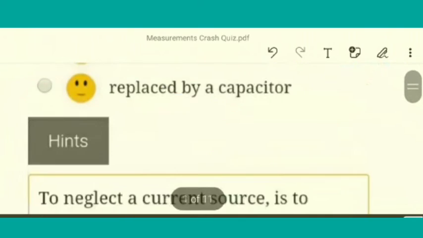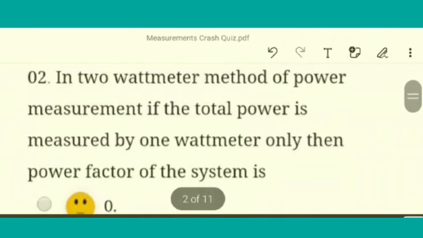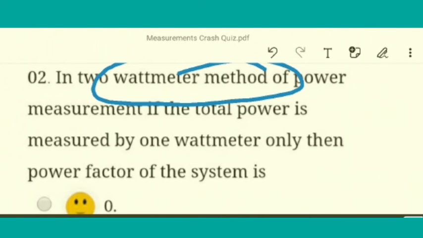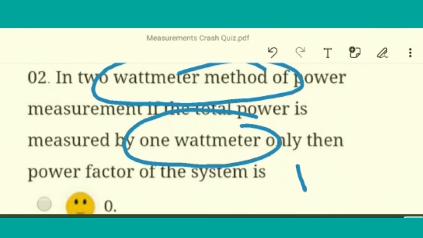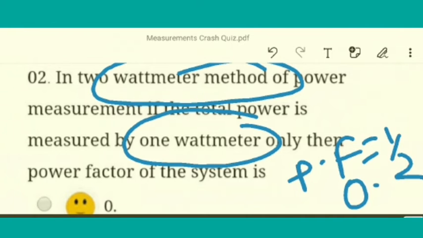Now moving towards our next question. Our next question is, in 2 wattmeter method of power measurement, if the total power is measured by 1 wattmeter only, then the power factor of the system is. We have discussed the 2 wattmeter method in third semester. In the 2 wattmeter method, total power is measured by 1 wattmeter when the power factor is 1 by 2, or 0.5.